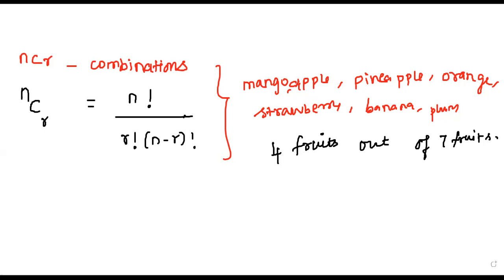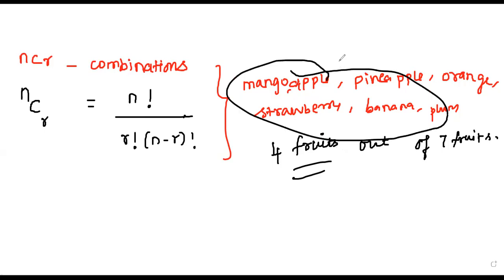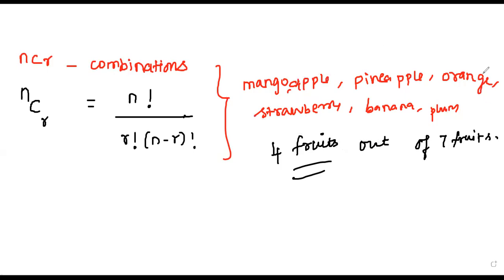They didn't tell us what the 4 fruits are. Now they're asking us to find the number of possible combinations. You can choose mango, apple, pineapple, orange, or else you can choose apple, strawberry, pineapple, banana, or else you can combine these 4, or else you can combine these 4. There are so many possibilities, isn't it? You can combine them in so many different ways.